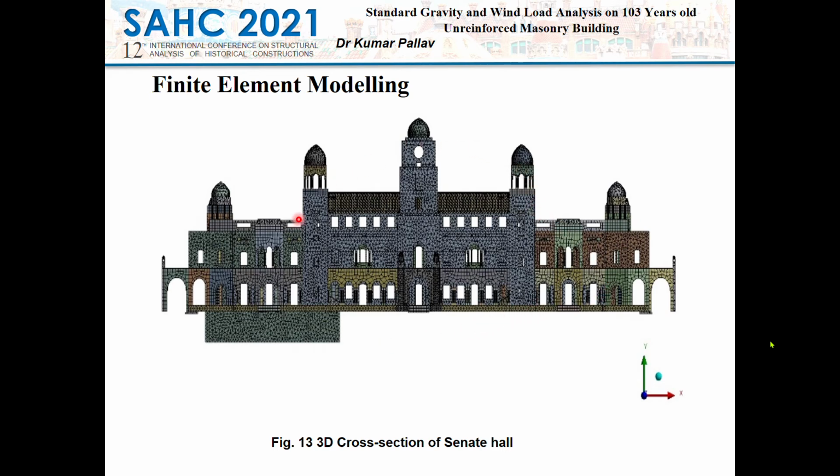So this is quite symmetrical except this basement portion. So if you see this side as well as this side, this is an entirely symmetrical structure on which we did the analysis.